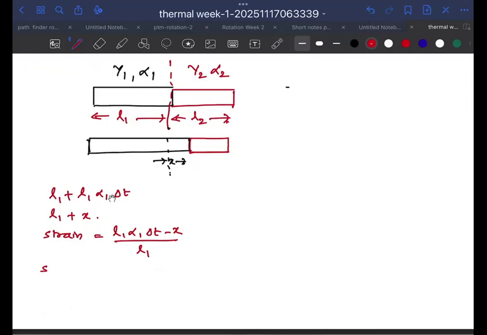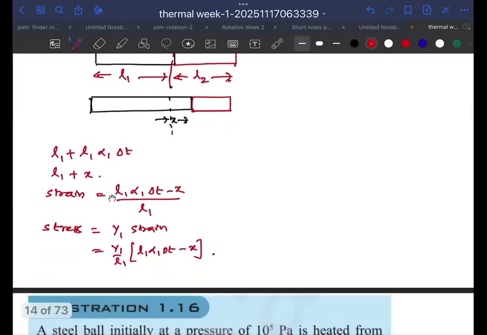So what is stress? The stress part is y into strain, y1 strain. This is y1 by L1 times L1 alpha 1 delta t minus x. Boys again. Are we clear?